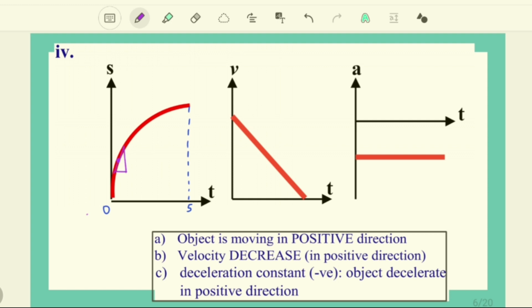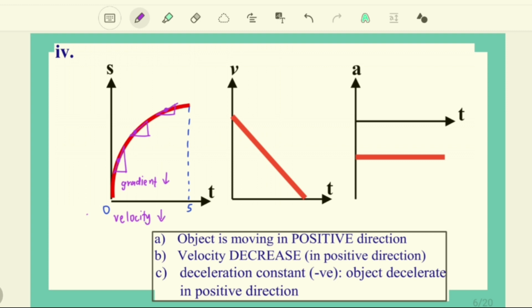Okay, what about the gradient? I think that one is the steepest one compared to this one. Dekat point ini, oh, semakin mendatar lah. How about this one? Semakin mendatar. Okay, you can see here, the gradient of the graph S against T is decreasing. Means that, gradient tadi mewakili apa untuk graph S against T? Velocity. Means that the velocity is decreasing.